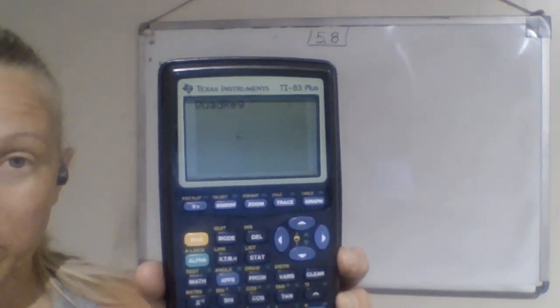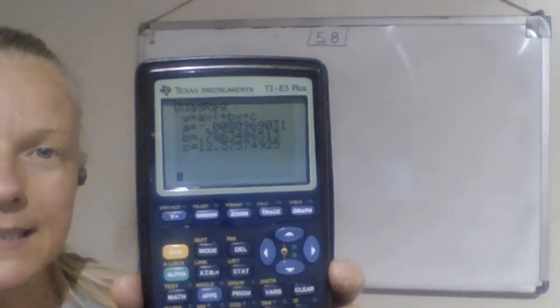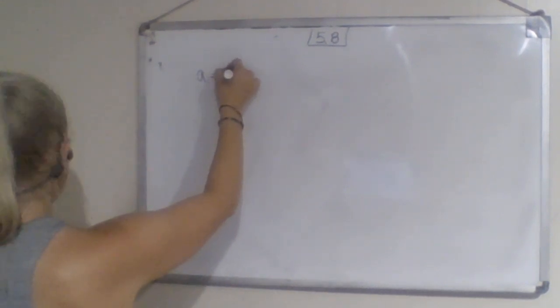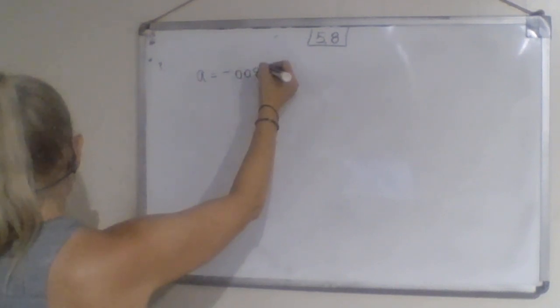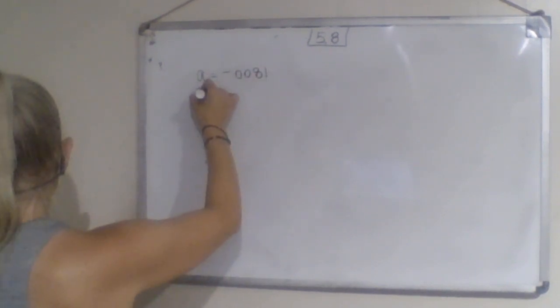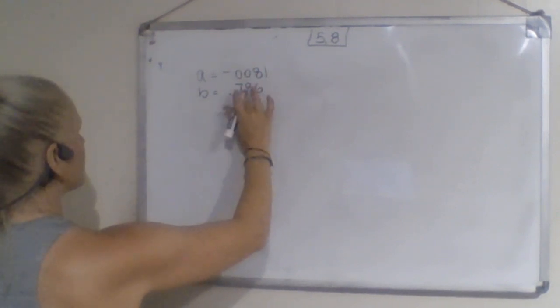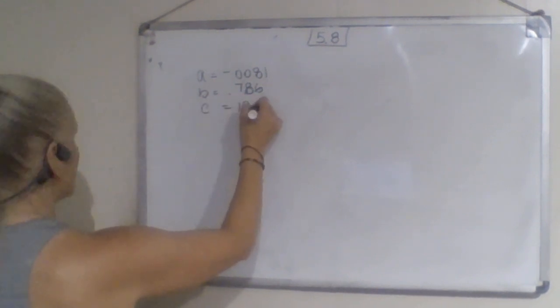It's going to say, do you want me to do this? And I'm going to say, yes, I do. I hit enter, and it's giving me the shape that I need. It tells me that my A is negative 0.0081, my B is 0.786, and my C is 12.4.